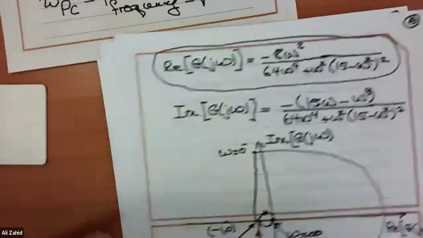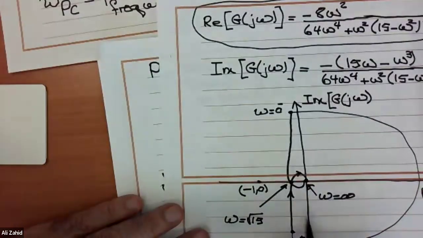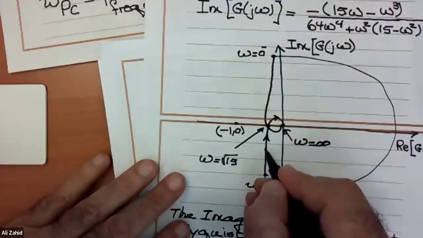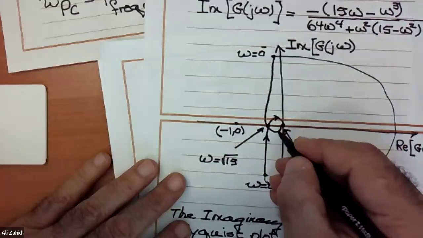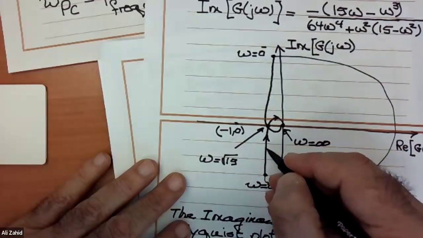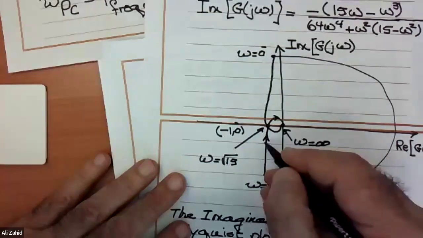Remember, by the way, the magnitude, how would you sketch the magnitude for any omega? For any omega, let's assume I take this omega. How do I get the magnitude? This is the magnitude. And what is the phase? This is the phase.